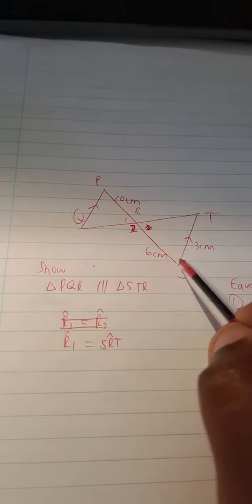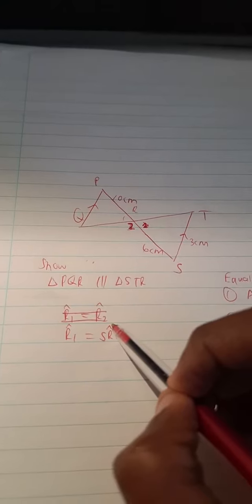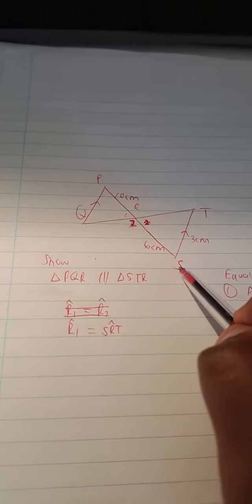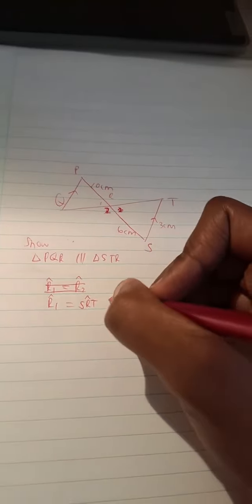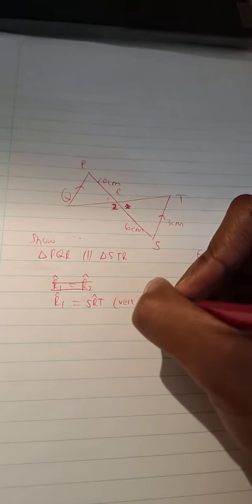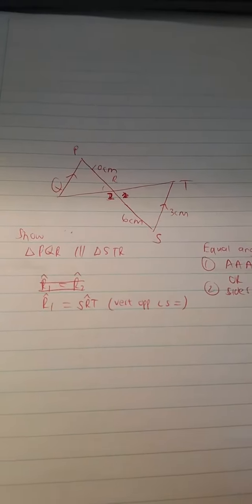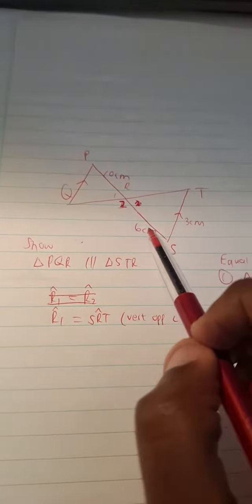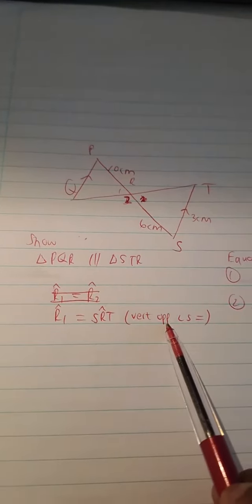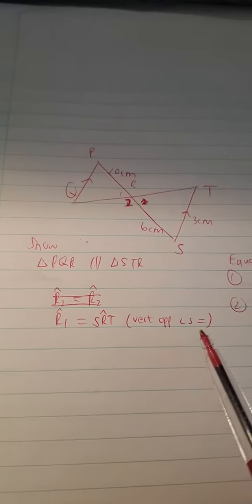You can say angle SRT with a cap on top of R, or angle TRS. What's the reason for saying these two angles are equal? Vertically opposite angles are equal. That's from the acceptable reason document.